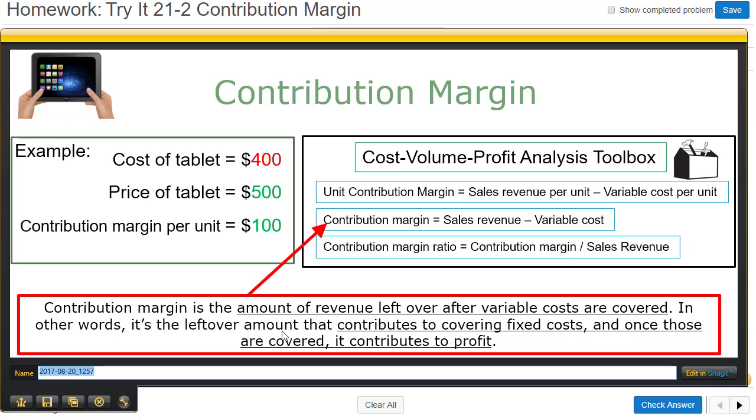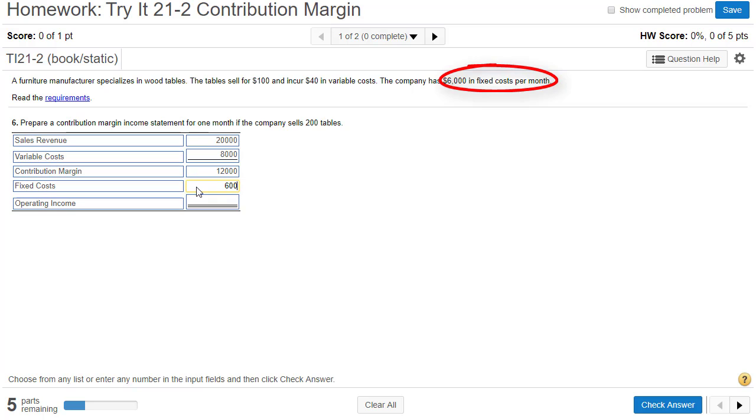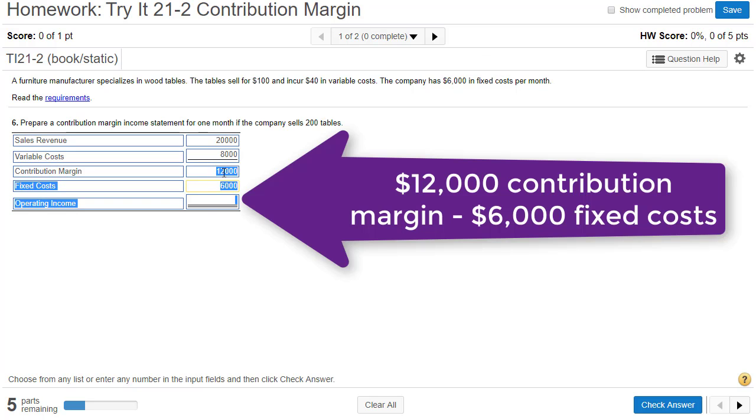And once those fixed costs are covered, it contributes to profit. So now we're going to subtract our fixed costs. Our fixed costs are $6,000. So operating income is $12,000 minus $6,000, which gives us $6,000 of operating income.